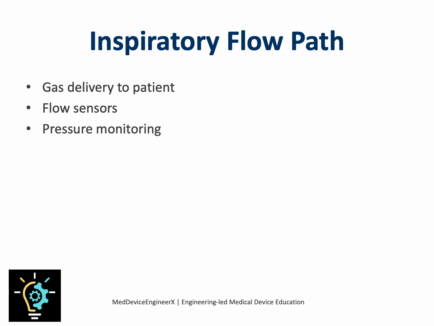These measurements feed back into the control system, allowing continuous adjustment of valve positions. This closed-loop control is what allows the PB980 to adapt to changing patient conditions. Engineers troubleshooting delivery issues must consider both the physical flow path and the sensor feedback that governs it.